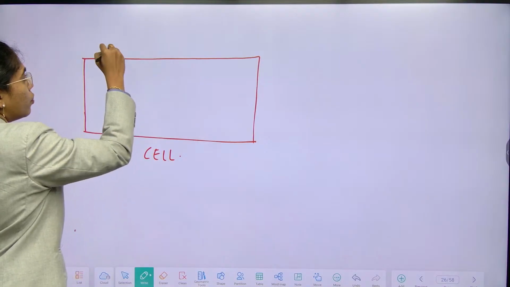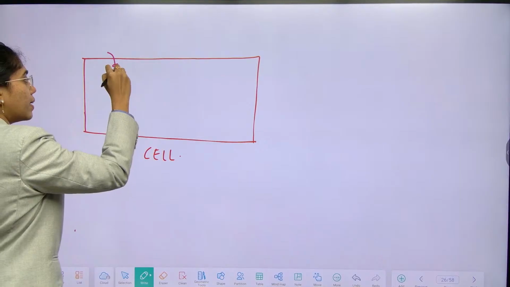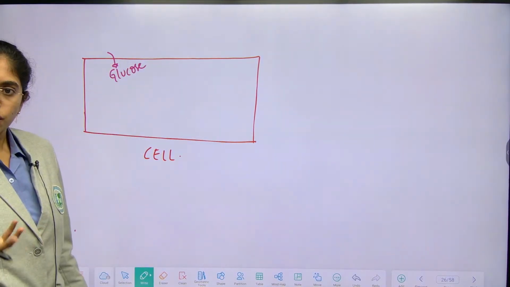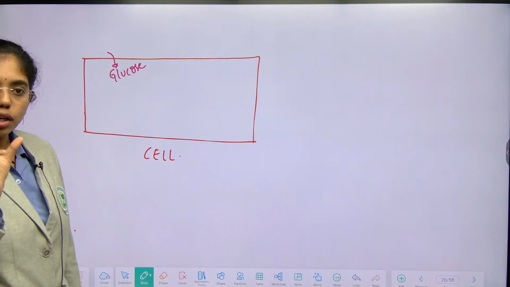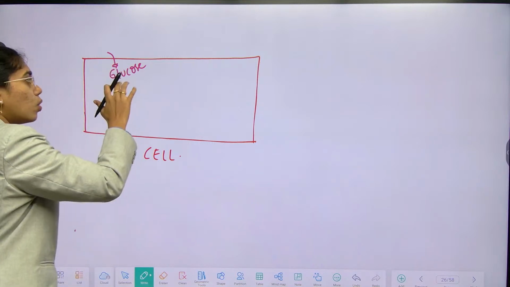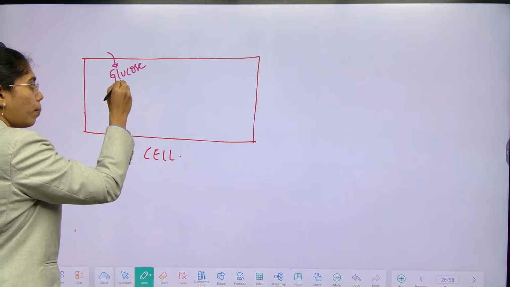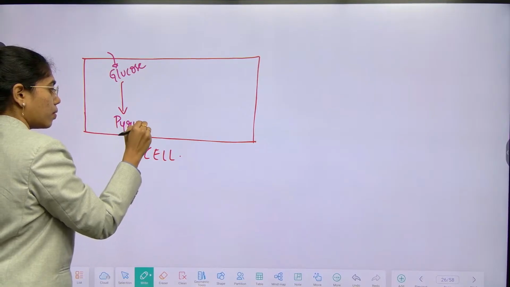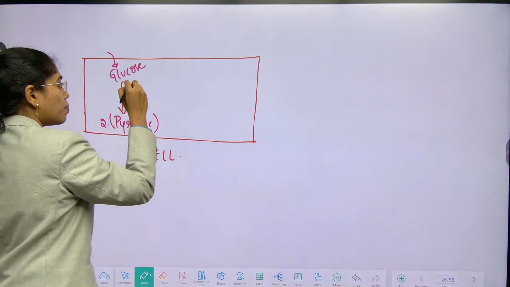Whenever food enters into the cell, let us suppose glucose has entered into the cell. Food gets oxidized and we will get the energy. Mitochondria's role is to produce the energy. So when glucose enters into the cytoplasm of the cell, first it gets broken down to 2 molecules of pyruvate.